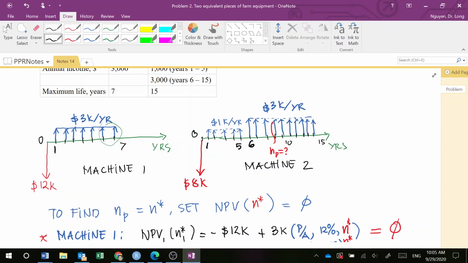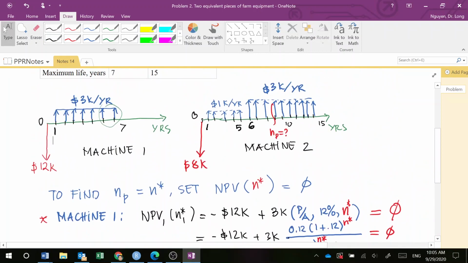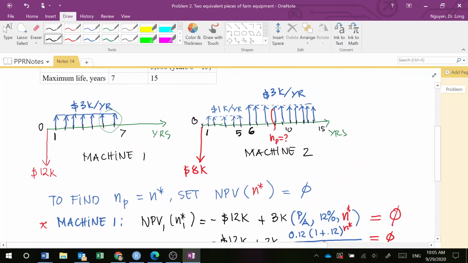Now for machine 2, the payback period is 8.3 years. So let's put 8 here, and you can see 7. So after 8.3, we have the money left is a lot. It's tremendous. From year 9 to year 15, so basically we have 3K for 6 years. So it means 18,000. Compared to machine 1, only 3,000 for 2 years, year 6 and year 7.